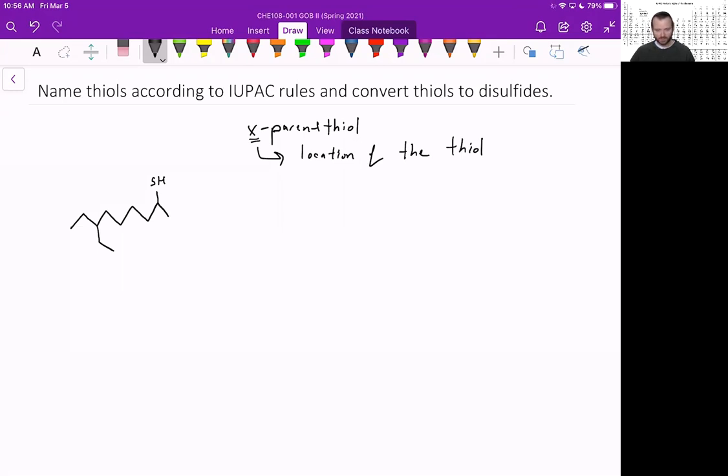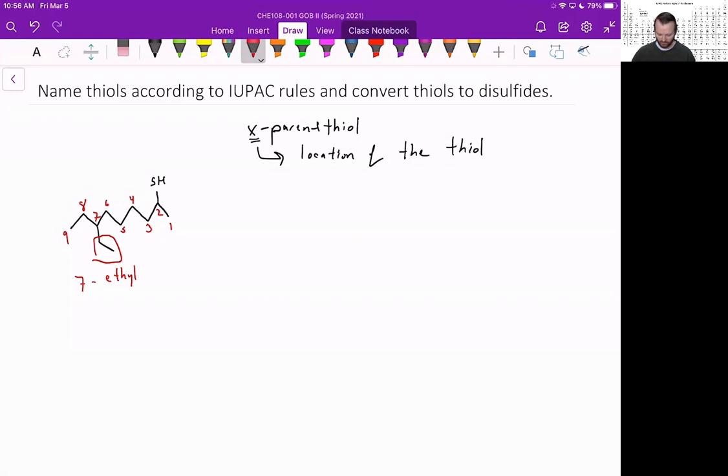So, an example: 1, 2, 3, 4, 5, 6, 7, 8, 9. Identify your substituents. Carbon number 7 has an ethyl group, 7-ethyl, and 9 carbons is nonane.